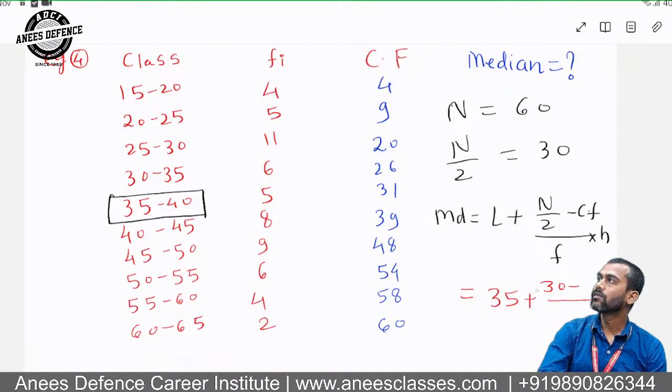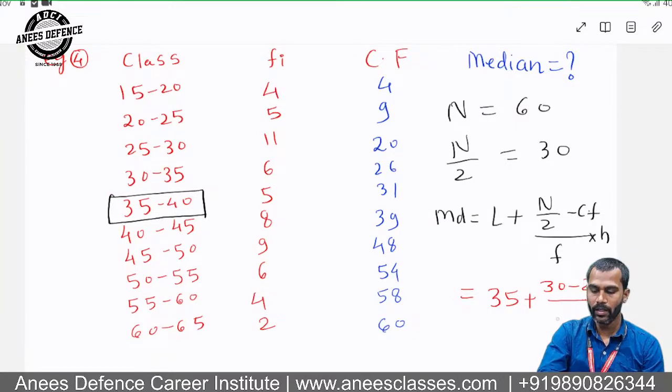The cumulative frequency of the class preceding median class. So minus 26 divided by F, the frequency of the median class, that is 5, into H, which is 5. So 5 and 5 will get cancelled. So answer would be 35 plus 4, that is 39. So median would be 39. Yes or no?